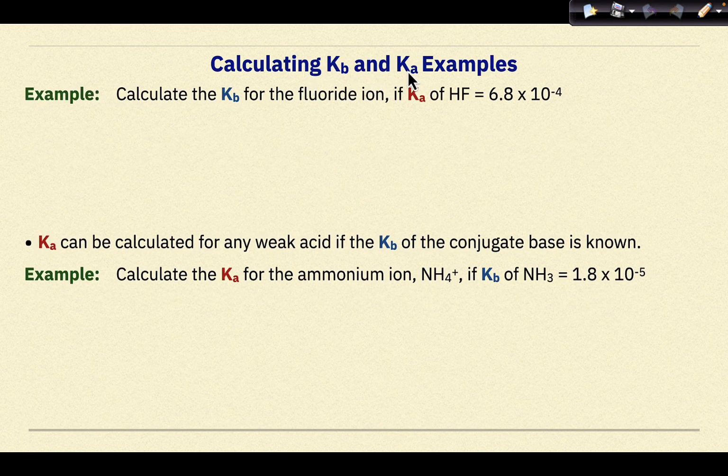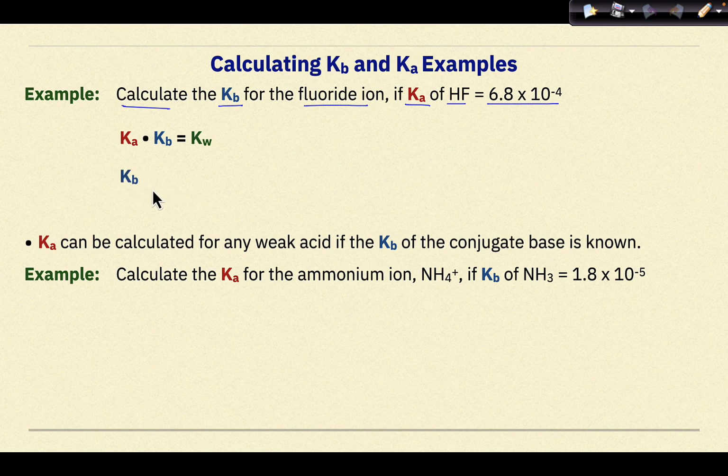Calculating Kb and Ka examples. So in our first example, we're going to calculate the Kb for the fluoride ion if Ka of HF is 6.8 times 10 to the negative 4. So we're going to start out with the formula Ka times Kb is equal to Kw. We're going to rearrange our formula to solve for Kb.